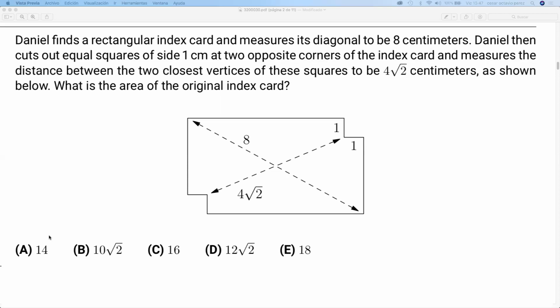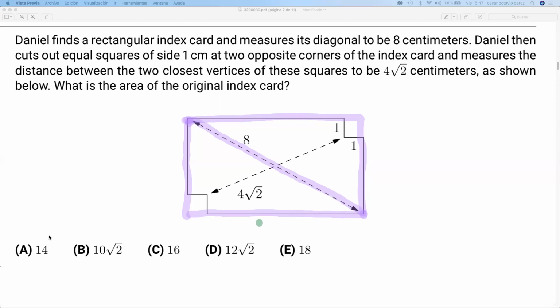First, we're going to see this one. If the card is complete, give me some name for every side.